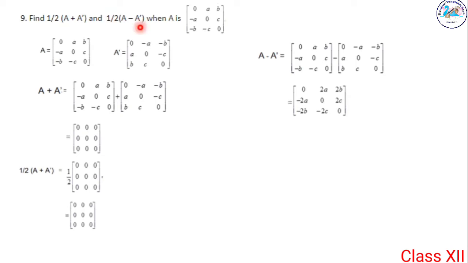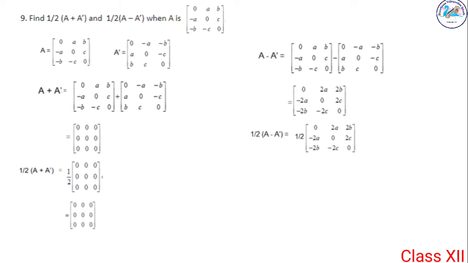Then we have to go for calculating 1 by 2 into (A minus A transpose). Just to be multiplied 1 by 2 with this matrix. 1 by 2 into the matrix is here, 0 2a 2b, minus 2a 0 2c, minus 2b minus 2c 0.